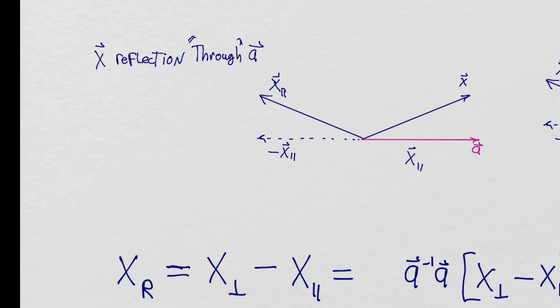Now, to make sense of this, by going through the literature, there's actually a couple different ways they think of it. The first way is taking a vector x and reflecting it through A, which means you take vector A, and you push x across A, which basically means you're taking the perpendicular component of x and taking its negative, and you end up with a new vector on the other side of A, reflected through A. And this is done when people are working a lot with two-dimensional geometric algebra.